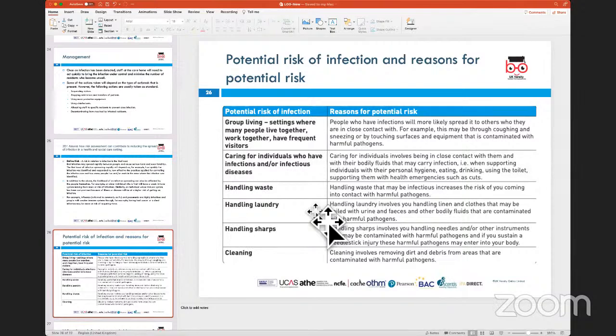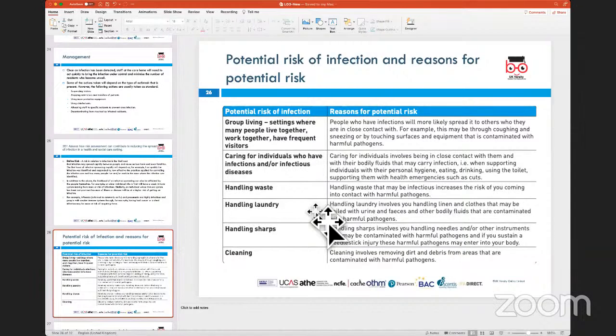So sticking to the scenario of a care home, first we need to identify who are the people potentially at risk. These could be carers, handlers, and people in administration looking at back-end jobs like laundry and cleaning. How do we look at their risk of contracting the infection or the virus, which is COVID-19?